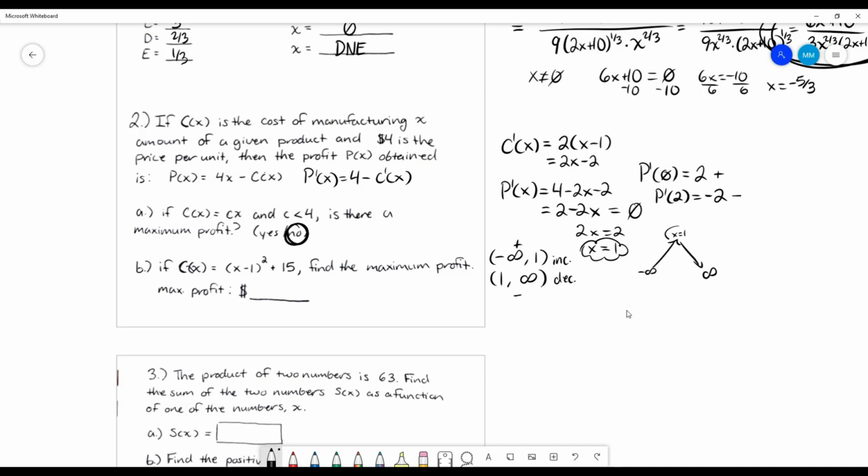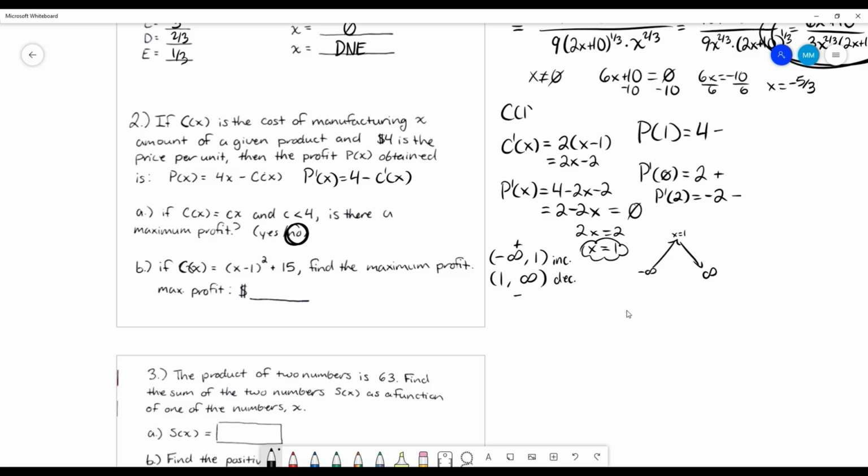Okay, so x equals 1 is the point of maximum profit. So remember, that's the amount that's being sold. So now we have to plug in x equals 1 to our actual profit formula to figure out what the max profit is. So P of 1 is 4 times 1, which is 4, minus the cost of 1.